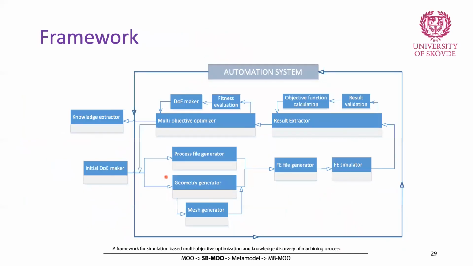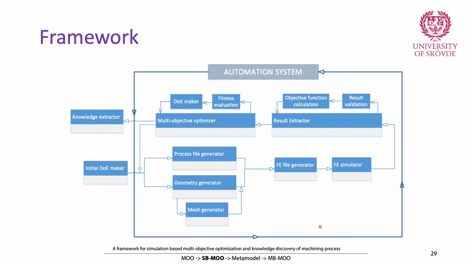So there was a need to develop a platform that can automate the whole process. During my research, I developed a framework which automated the entire multi-objective optimization of machining processes by finite element simulations. This framework eliminated the time spent performing manual tasks during setting up the finite element model and multi-objective optimizations.